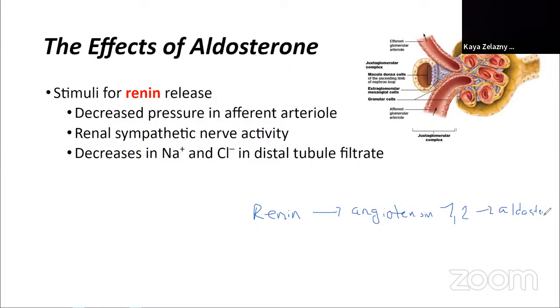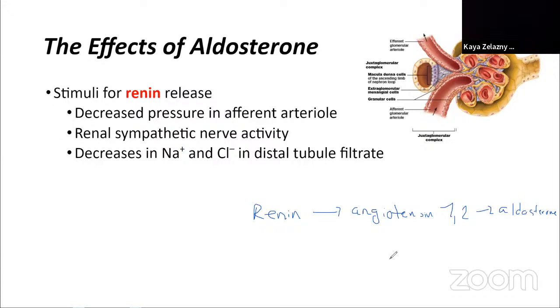That was from our previous slides. Our ultimate goal for increasing sodium reabsorption, why we want to do that, is because we want to increase blood pressure. So that's the ultimate effect of this RAS system.